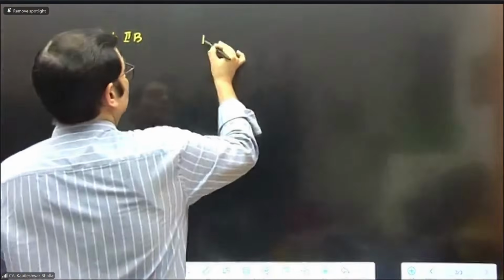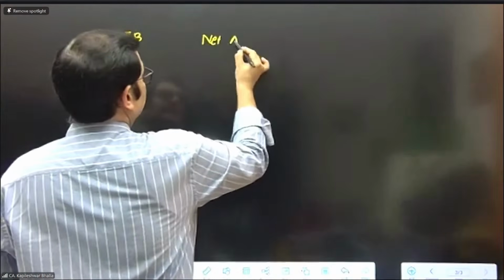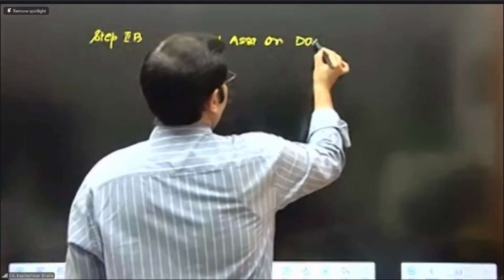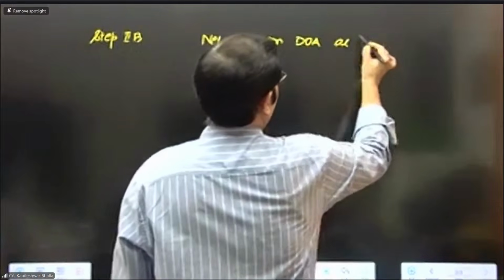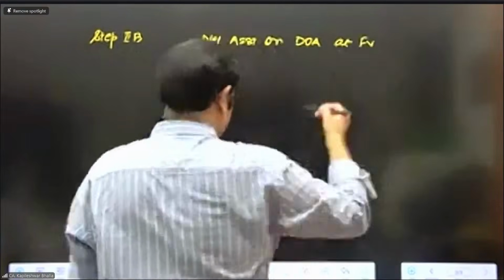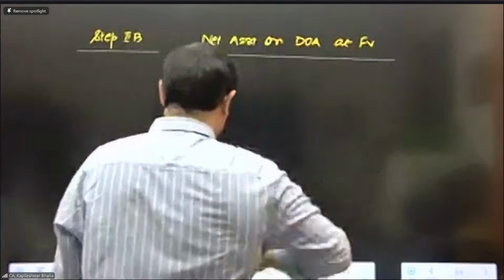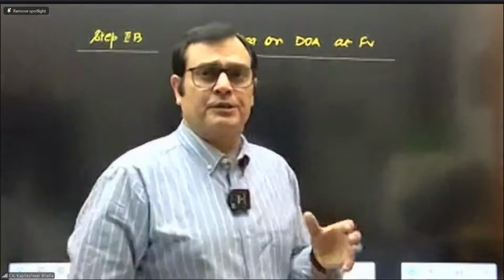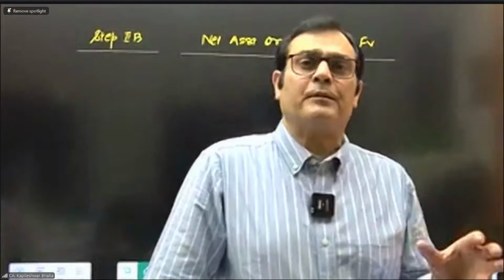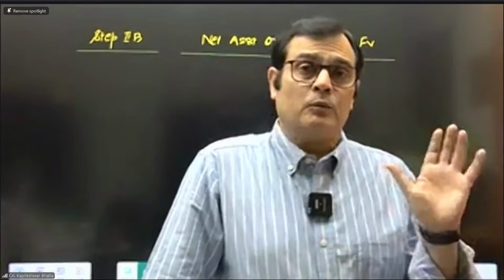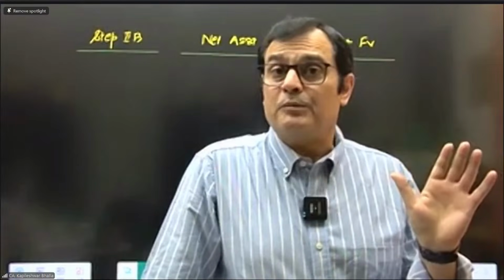In step number 2B, we need to organize the net assets on the date of acquisition, and that is at fair value, which of course has been well organized in step number 2A. Now, in this particular case, there is nothing complicated. It's just adding up the equity share capital of the subsidiary along with the pre-acquisition other equity, which you've already done in step number 2A.